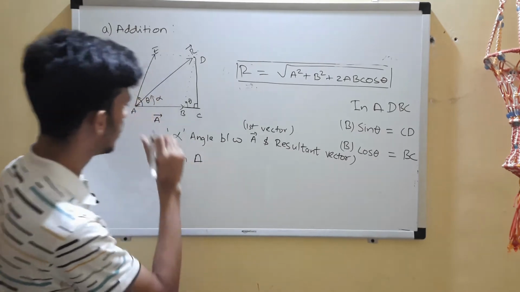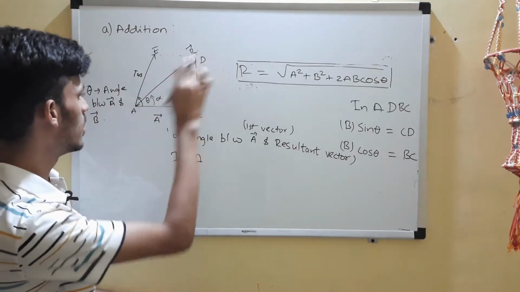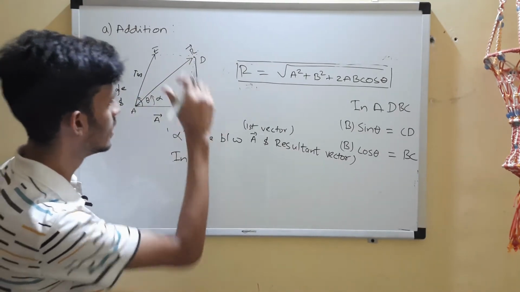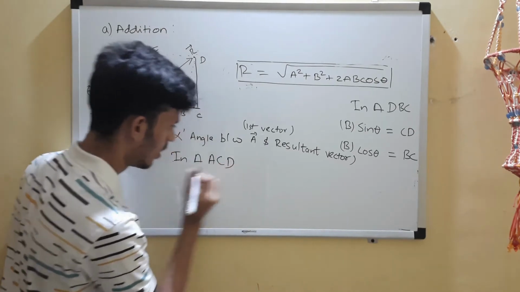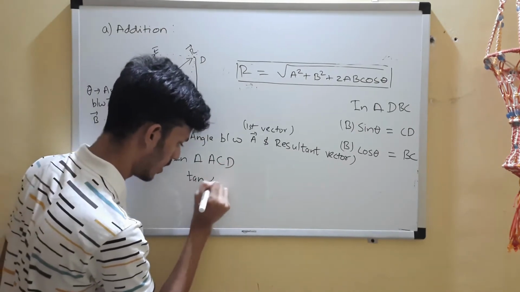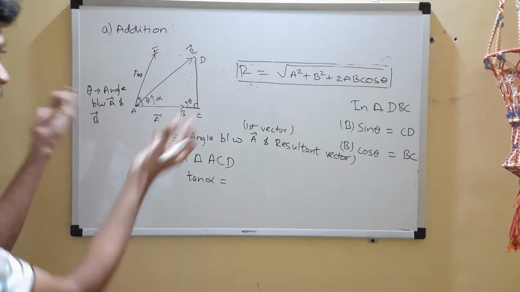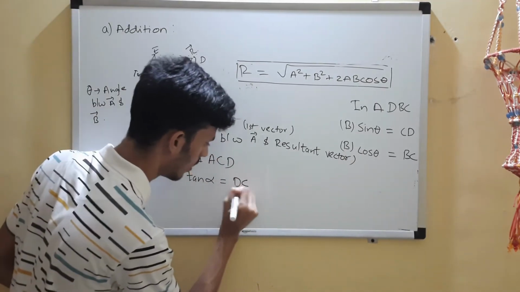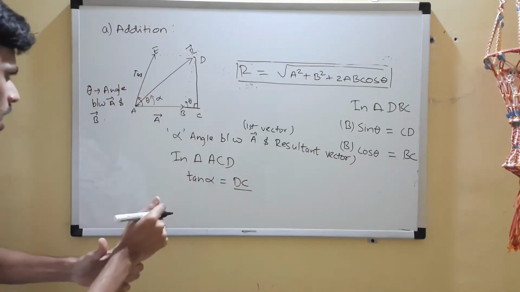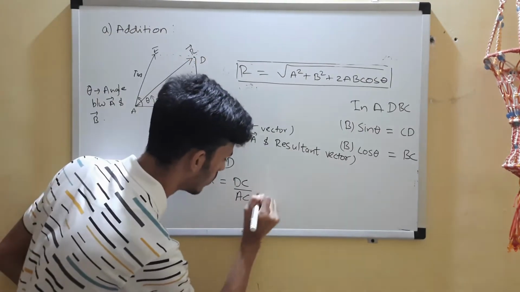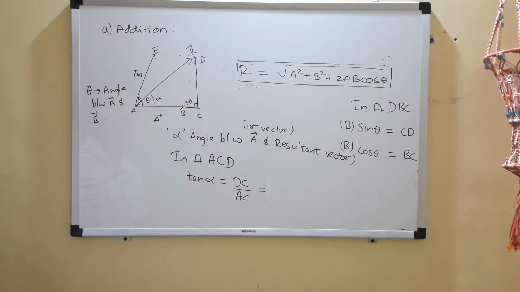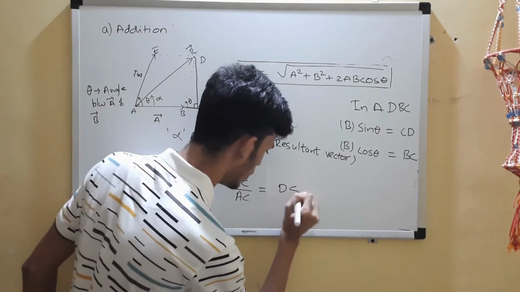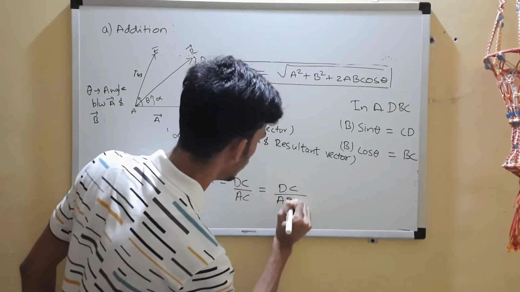So how can we find that alpha now? Go to that big triangle ACD. Tan alpha, opposite upon adjacent, so DC upon AC. Now break this AC into two parts: DC upon AB plus BC.